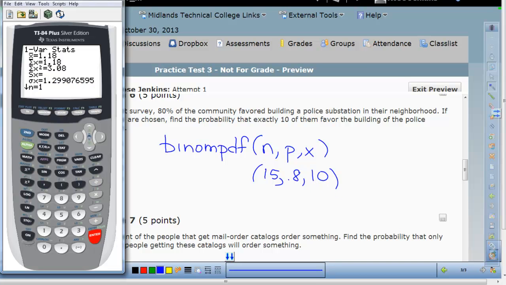Okay, so on our calculator, we're going to do second vars binom PDF, which is alpha A. N is 15, P is 0.8, X is 10.